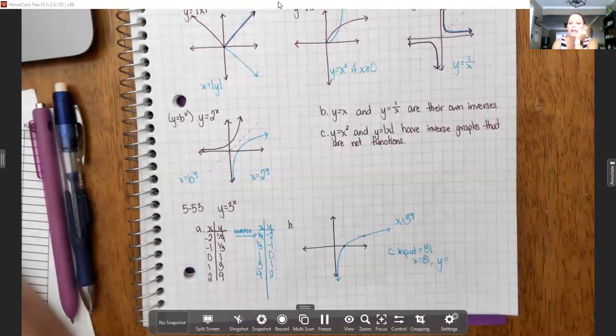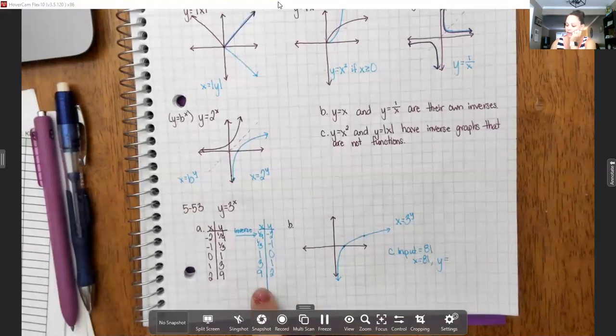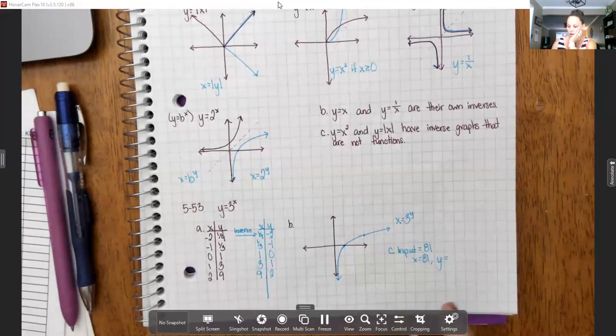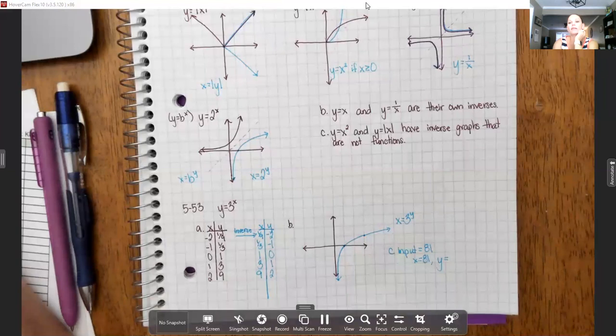So take a minute, see if you can figure that out. If X is 81 for my inverse, this blue graph, this blue equation, what's my Y value? And if you know it, type it in the private chat to me, please. Your best guess is okay also.